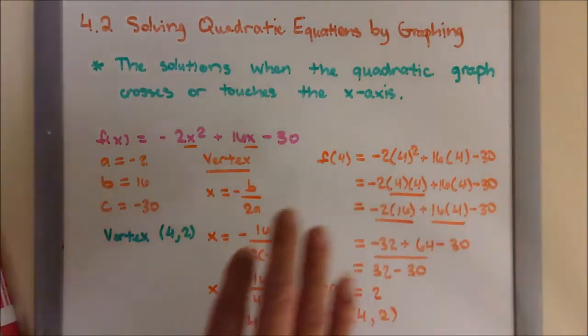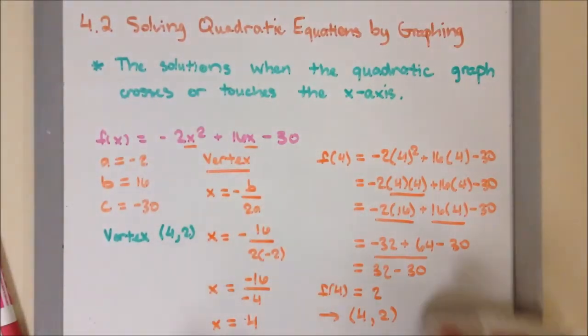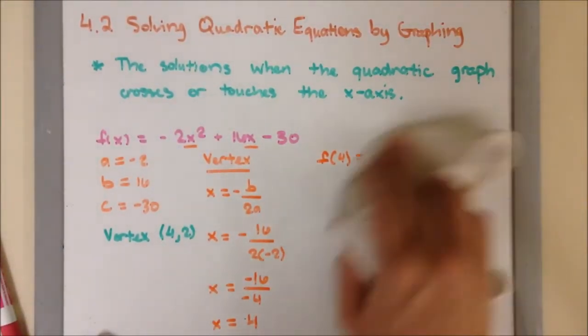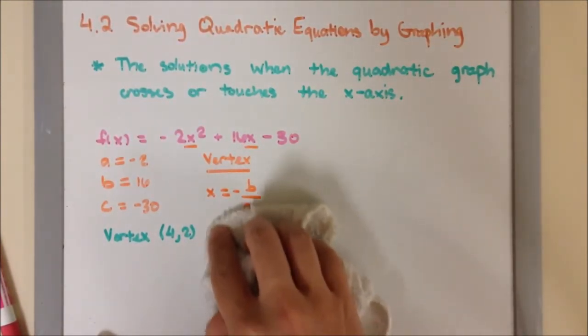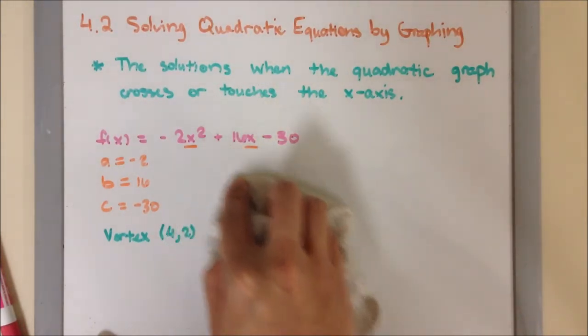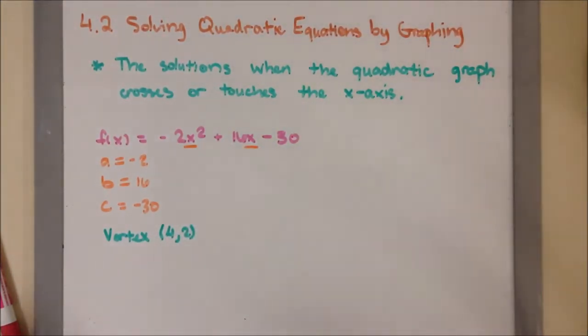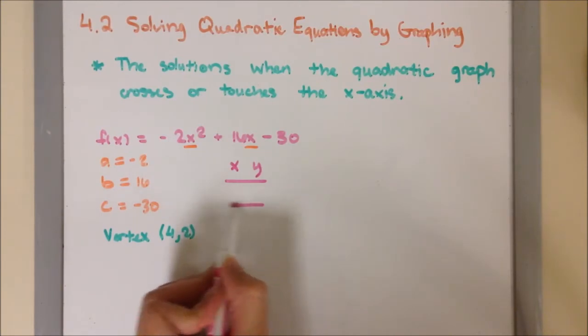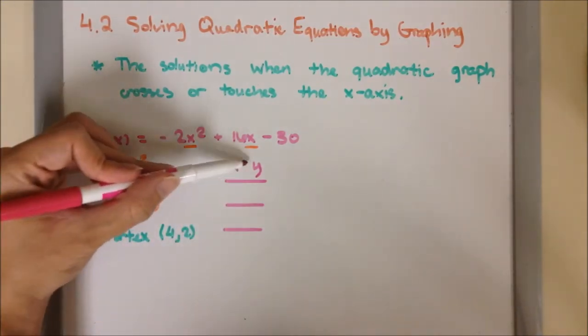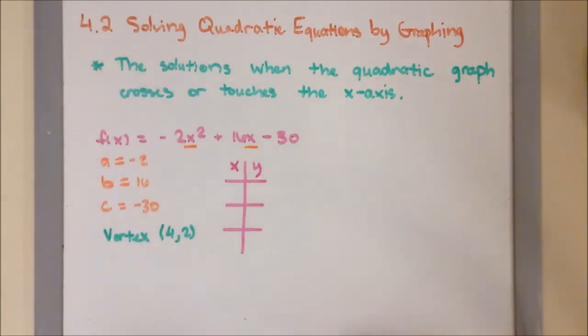Alright, next I'm going to erase to make more room because we actually have some more work to do. From here, you're going to make your XY table. Just like the process that we did in class, you're just going to need 3 points.